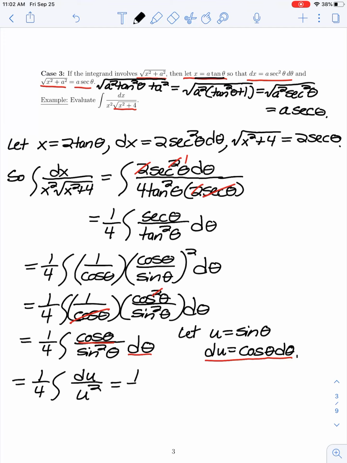So for our antiderivative, we have 1/4 times negative 1 over u to the first power plus c, or negative 1 over 4 u, which was sine of theta, plus c.